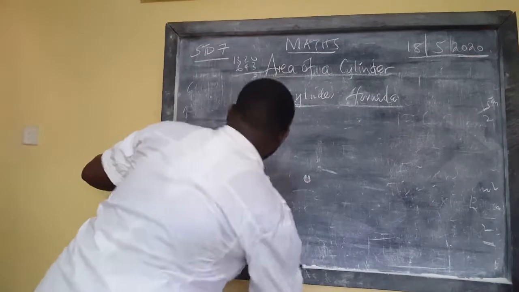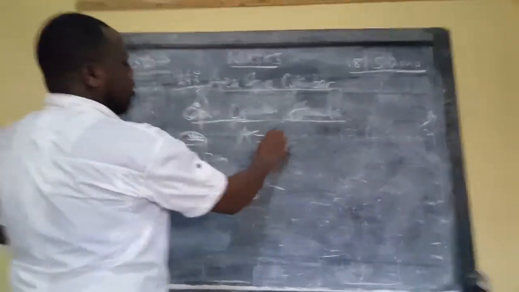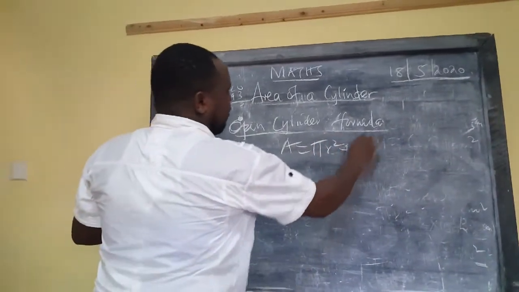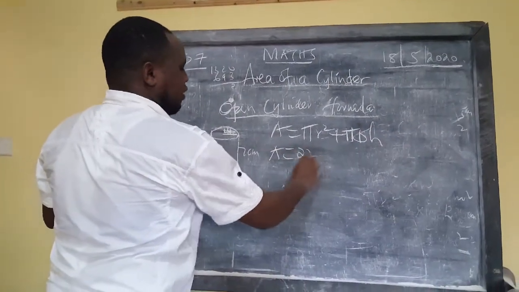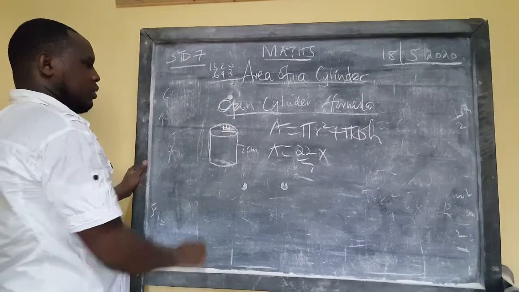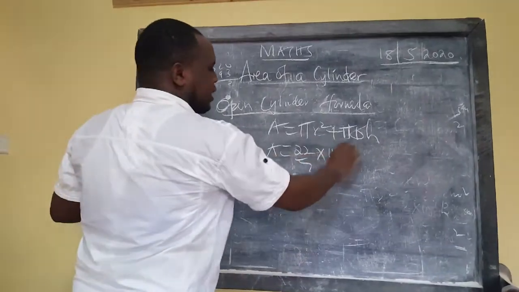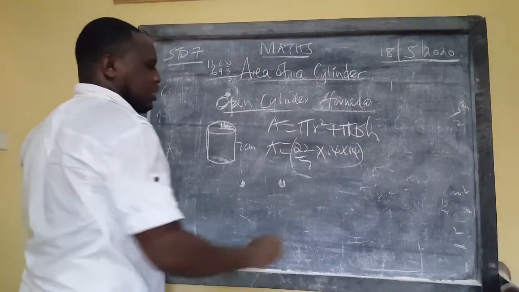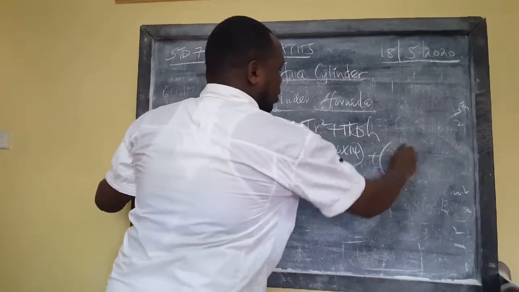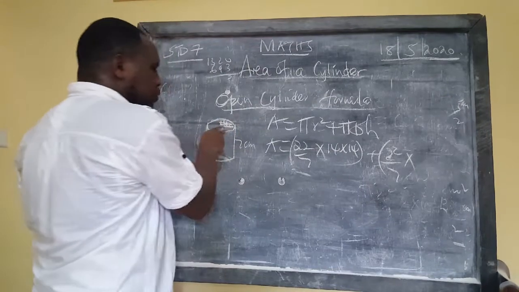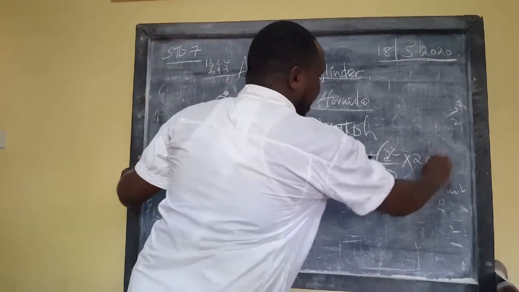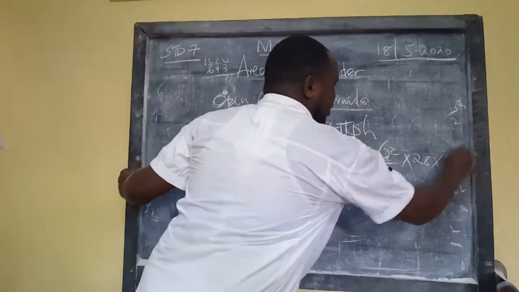Now using the formula, area is equal to pi r squared plus pi dh. Area is going to be pi 22/7, the radius is 14, 14 times 14. That is radius squared, plus pi 22/7 times diameter. Diameter is going to be this times 2, which is 28, and then height is going to be 7.